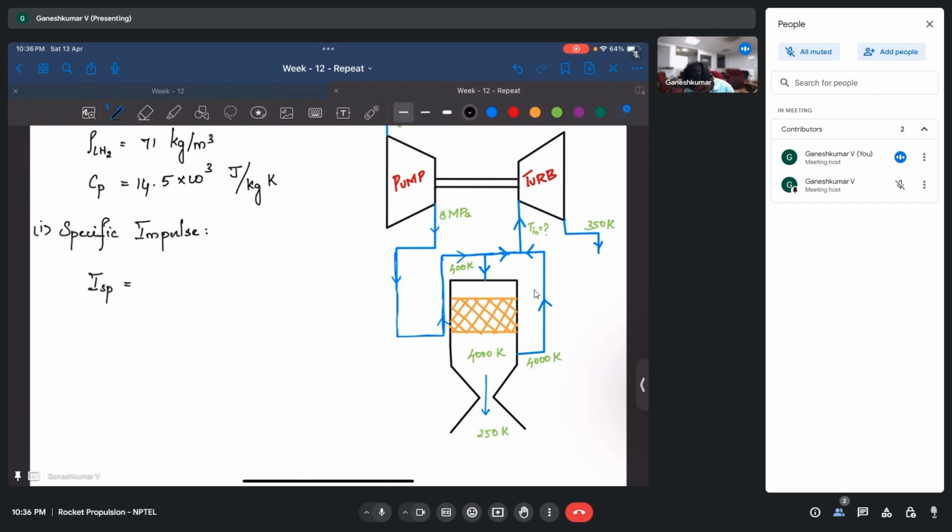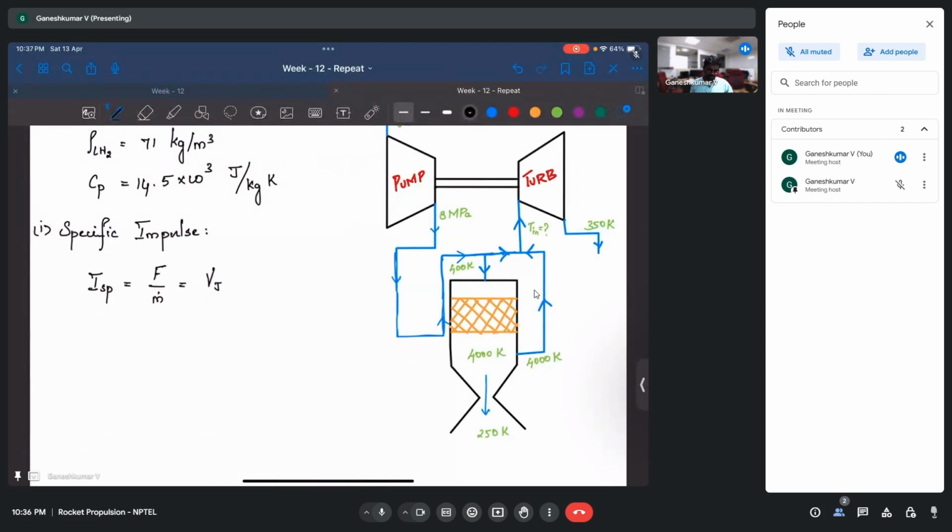ISP is going to be F by m dot, but the thrust is going to be m dot times Vj. Again, we will neglect the exit pressure and ambient pressure because it's not given in the question. So basically, this is nothing but the jet velocity, right?